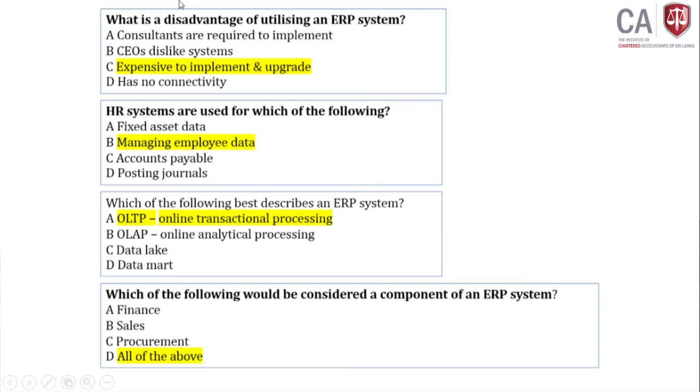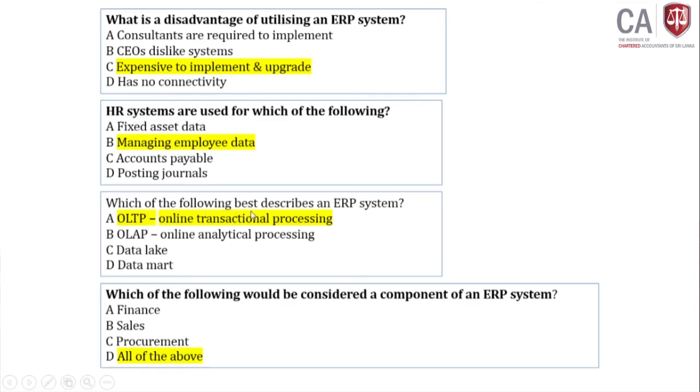What is the disadvantage of utilizing an ERP system? The disadvantage is that it is expensive to implement and upgrade. Yes, implementing it is very expensive, and upgrading is also very costly. HR systems are used for managing employees' data.